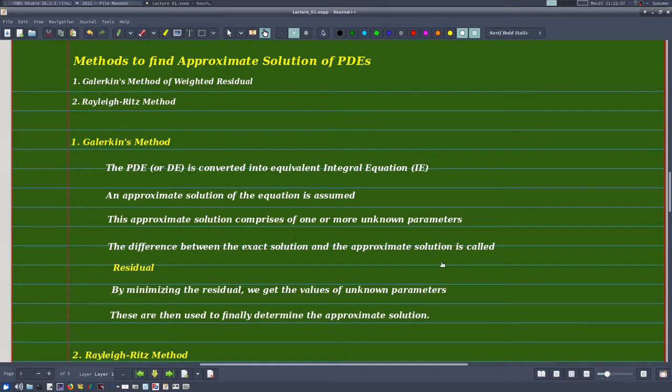For example, I may take the approximate solution as a polynomial of the independent variable. Suppose I have some quantity like deformation as a function of x, and I may take it as a linear polynomial, a0 plus a1x, or a quadratic polynomial, a0 plus a1x plus a2x squared, and so on.